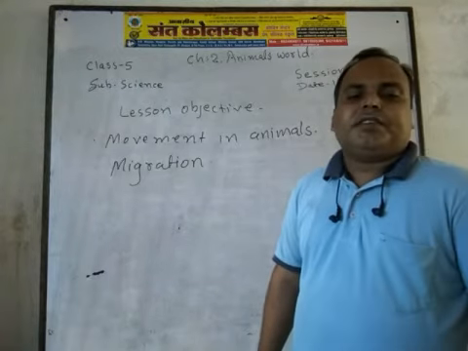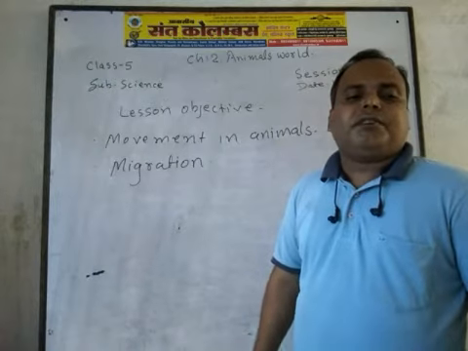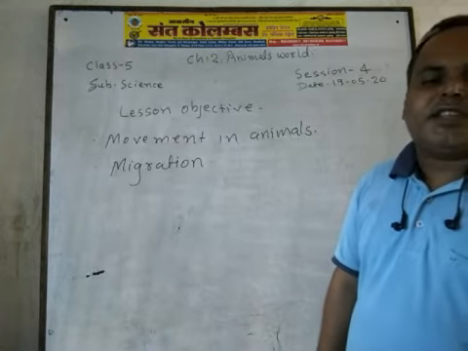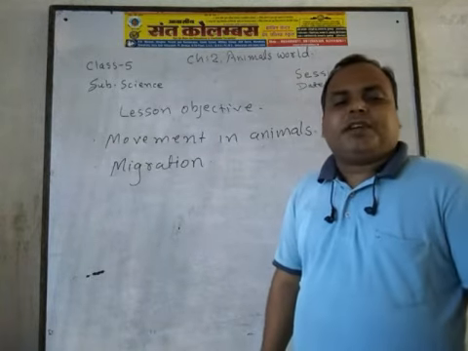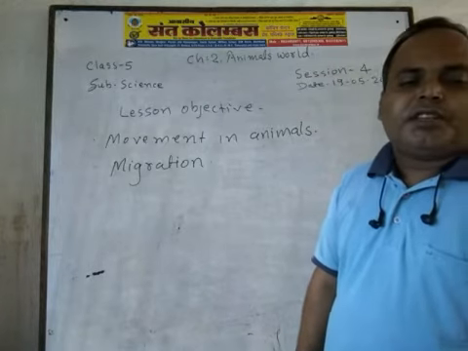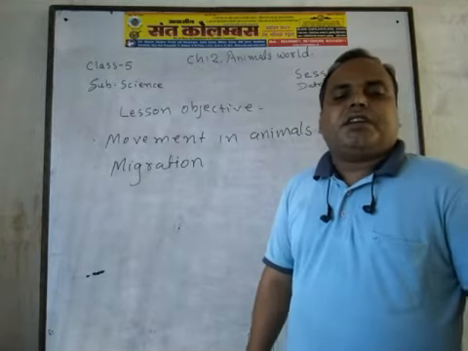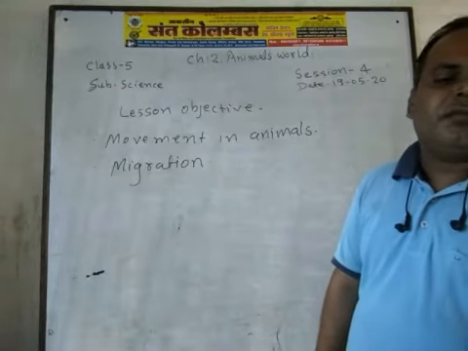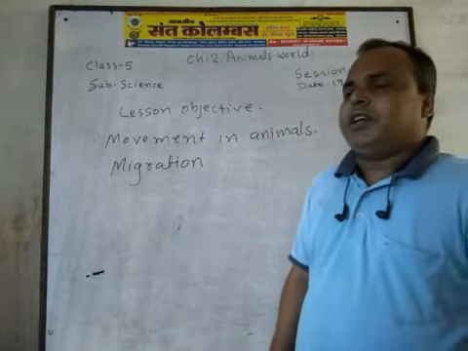Siberian cranes come to India every winter to breed. Fish like salmon spend most of their life in the sea. They travel a long distance to reach the river to lay eggs.